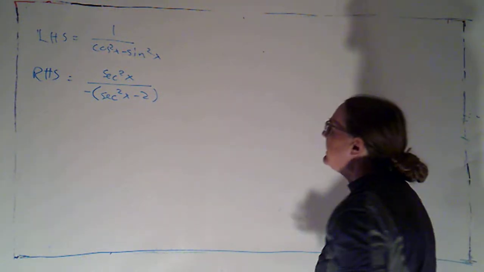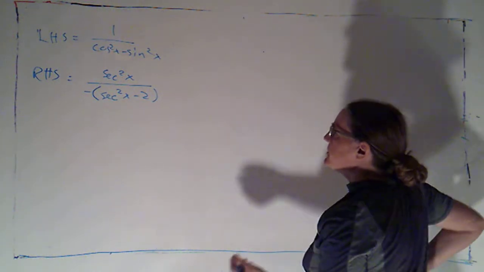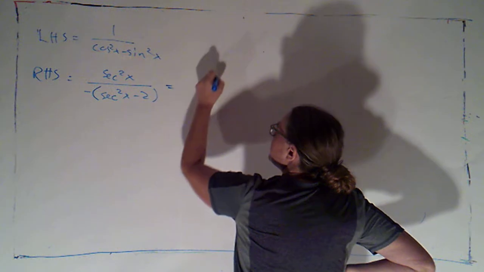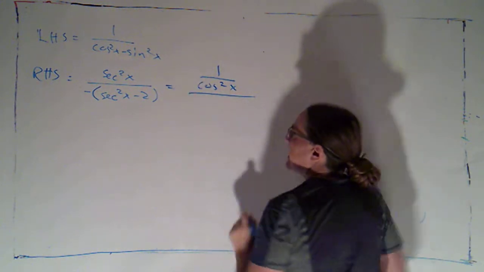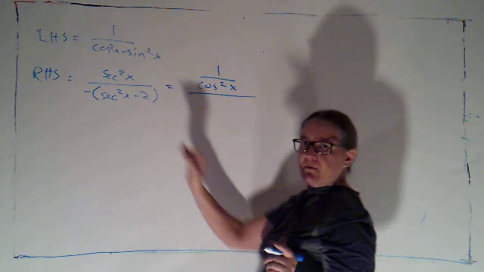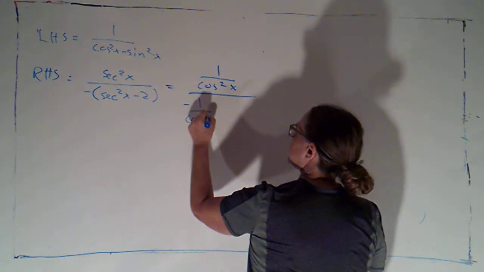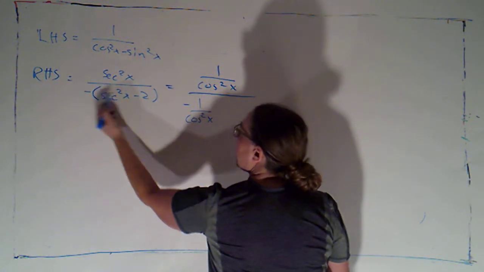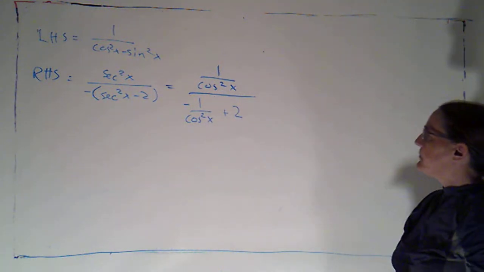With that, at this point, I think I am going to switch things over to cosines. So this is 1 over cosine squared x. And I'm going to just distribute that negative back through as I rewrite this in terms of cosine. So it's going to be negative 1 over cosine squared x minus a negative 2, which is going to become plus 2.